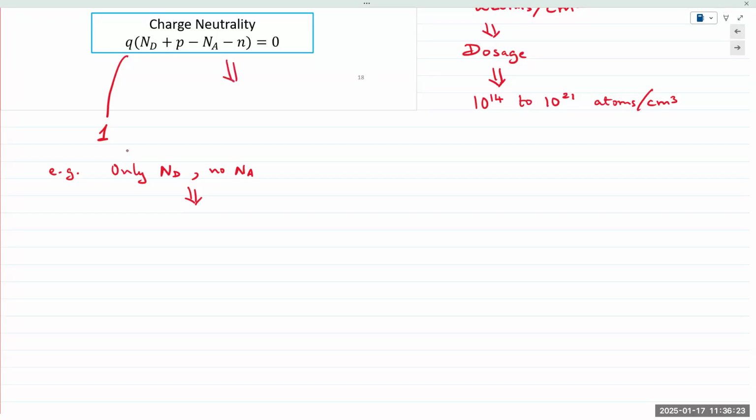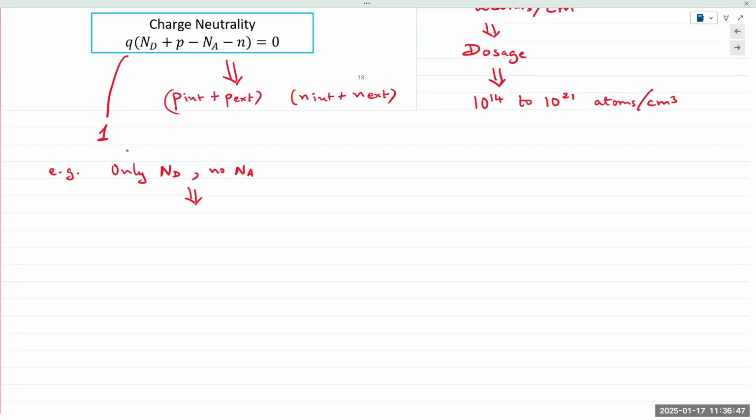Let's first define: the total number of P would be P intrinsic plus P extrinsic. And then the total number of N charges would be N intrinsic plus N extrinsic.